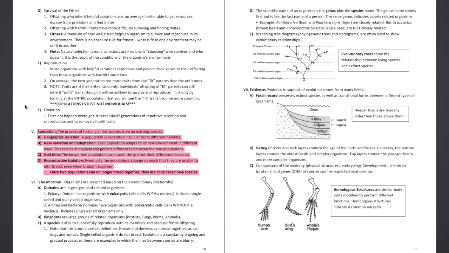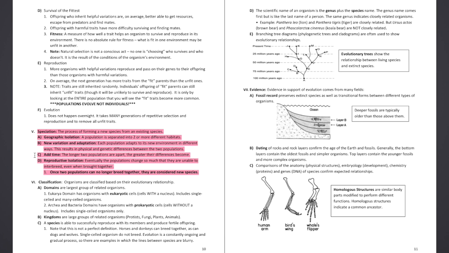5. Speciation. The process of forming a new species from an existing species. A. Geographic isolation. A population is separated into two or more different habitats. B. New variation and adaptation. Each population adapts to its new environment in different ways. This results in physical and genetic differences between the two populations.